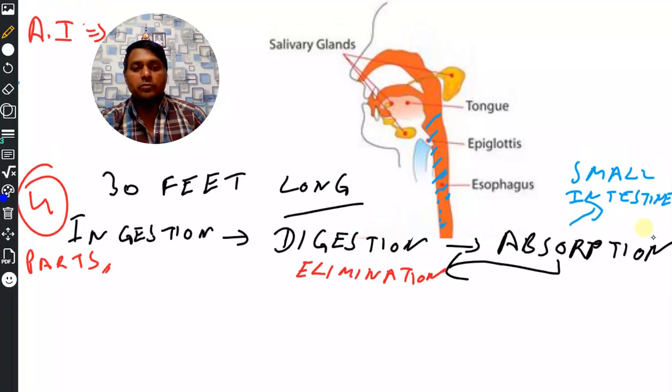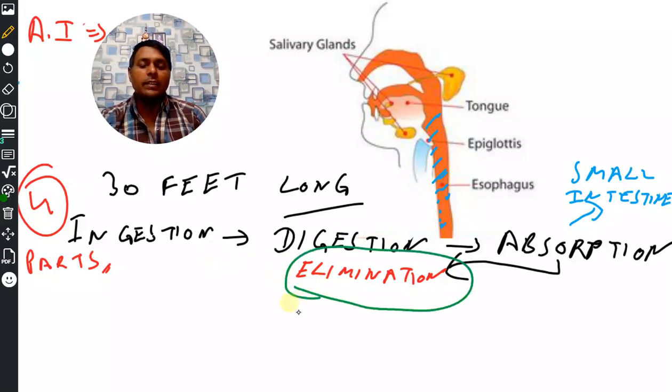And then elimination. Elimination is when all the food is absorbed, the undigested food moves out. Do you know why it moves out? Any guesses there?